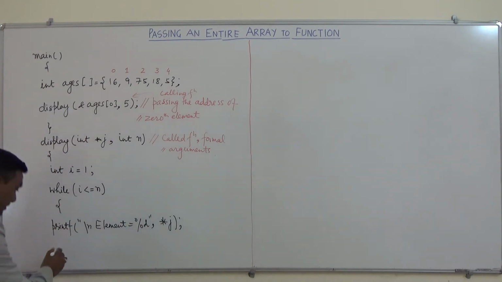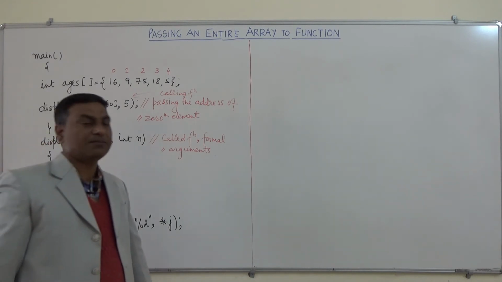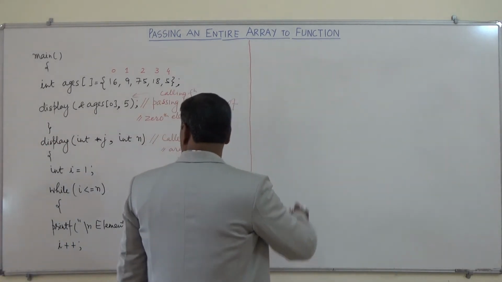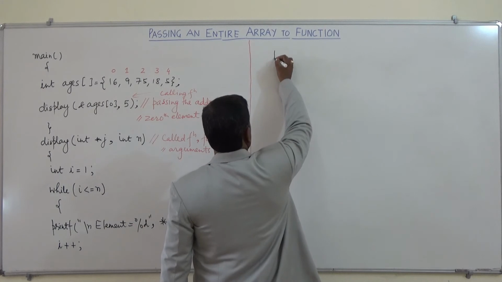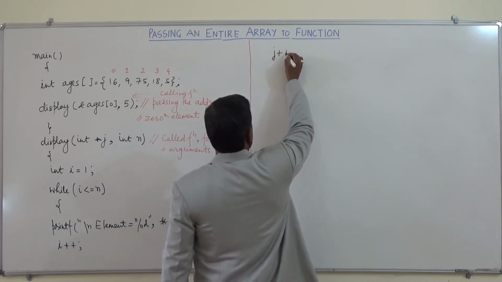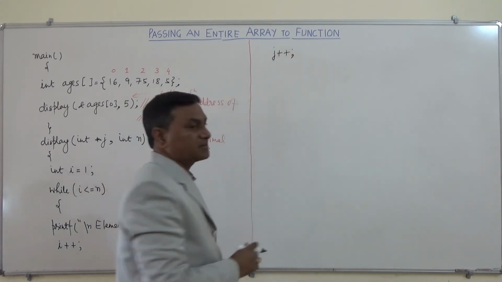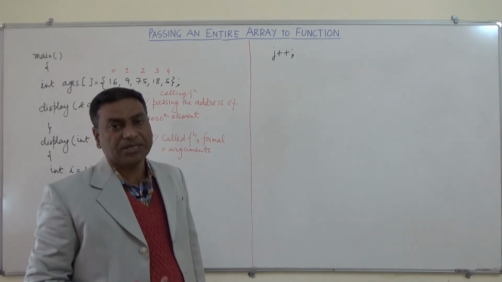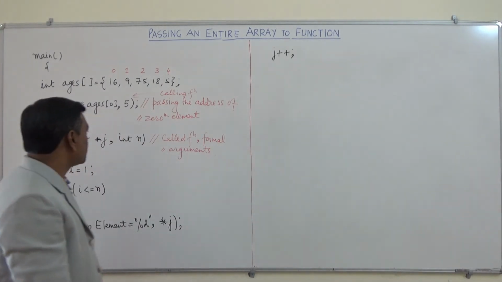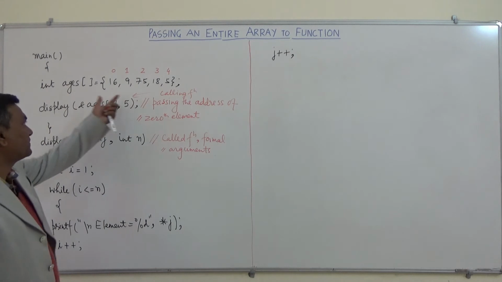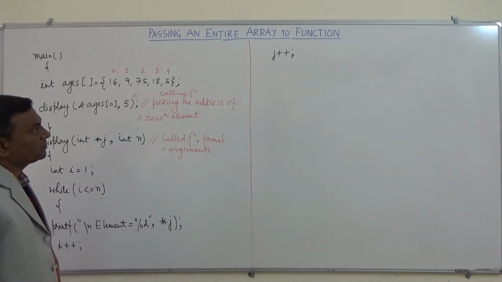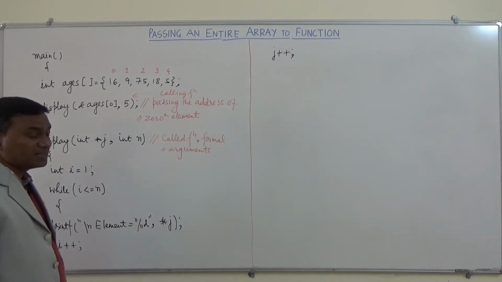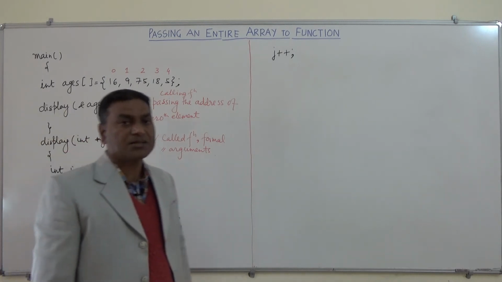Now we will increment the value of I. This is I plus plus, so I equals to I plus 1, and then j plus plus. This j plus plus is very important because j is holding the address of the 0th element of this particular array. So this j plus plus, this is j equals to j plus 1.